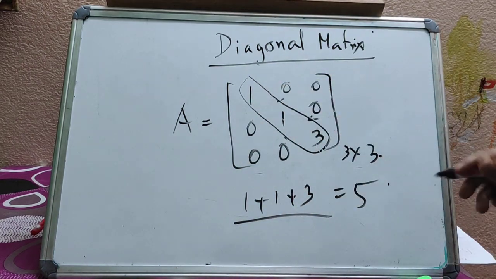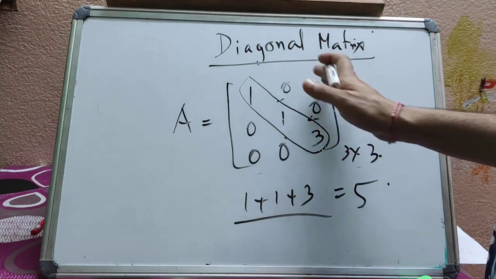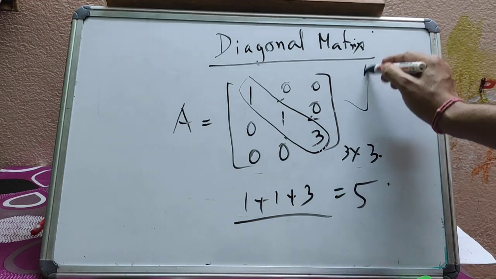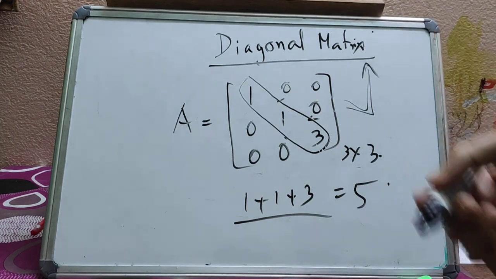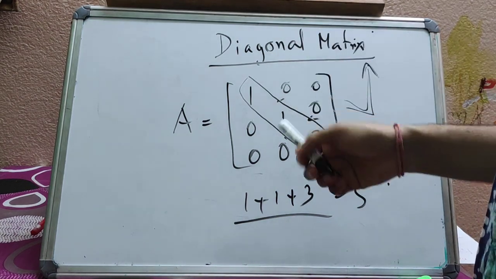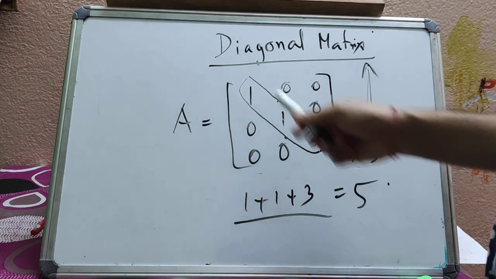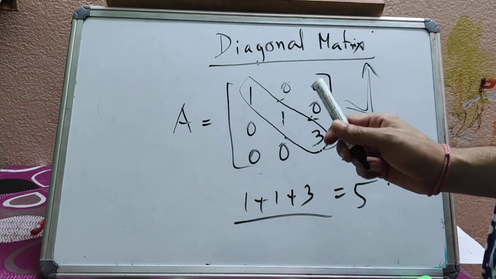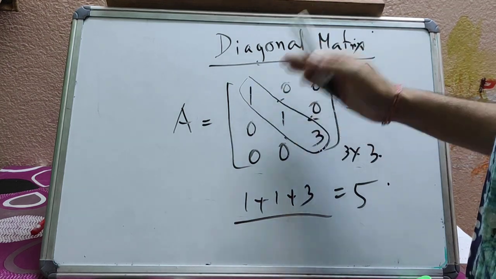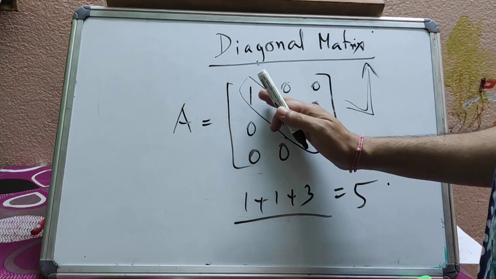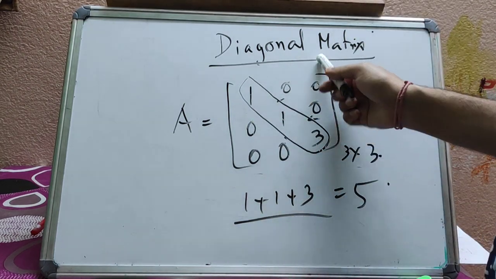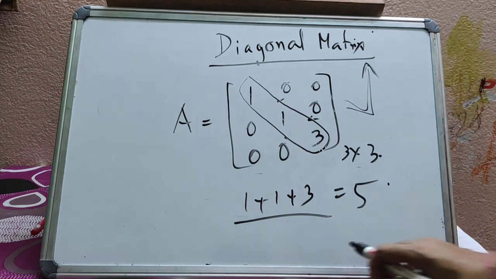The diagonal elements are the non-zero elements and the non-diagonal elements are all 0. Then this matrix is called a diagonal matrix. So when do we call a matrix a diagonal matrix? Whenever the diagonal elements are the only non-zero elements, and the elements above the diagonal and below the diagonal are all zero, then this is called the diagonal matrix.